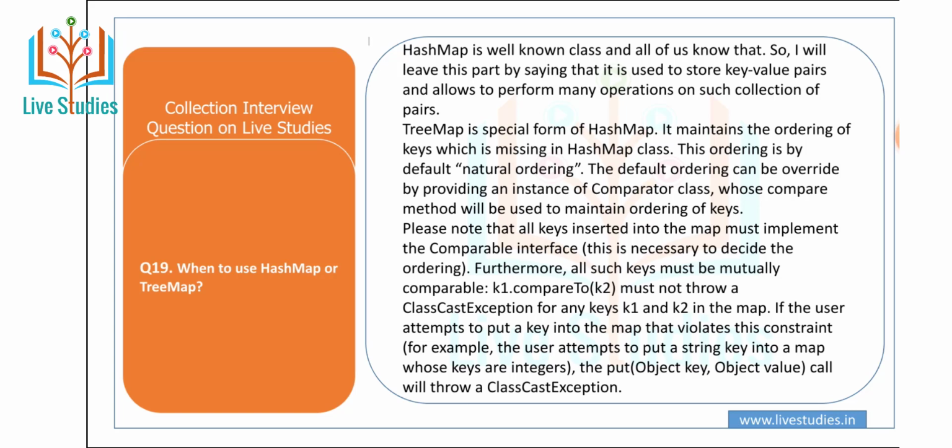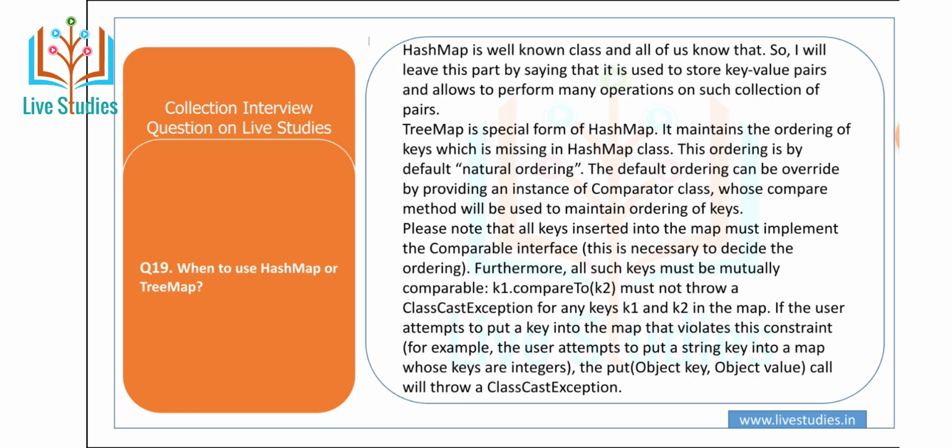It maintains order using the key, which is missing in the HashMap class. This ordering is by default the natural ordering. The default ordering can be overridden by providing an instance of a comparator class, whose compare method will be used to maintain the ordering of keys.